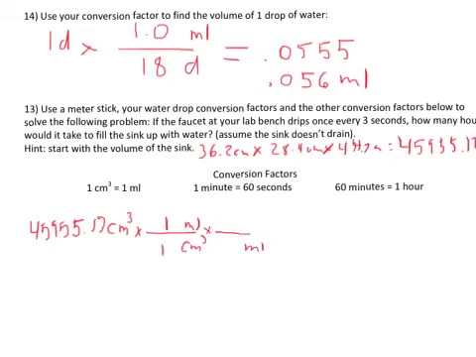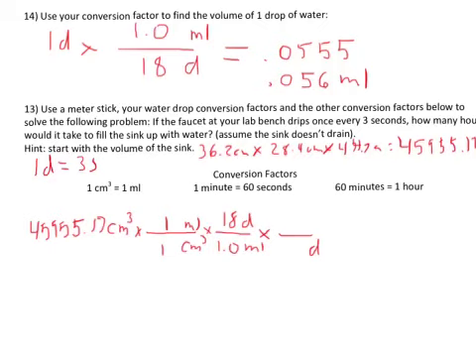Now I have my conversion factor from up above, where I can say 1.0 milliliters equals 18 drops. Now I don't want drops, so I'm going to put drops in the basement. And here I'm going to look at what I was told in this problem. It says it drips once every 3 seconds. So essentially that's saying that 1 drop equals 3 seconds of time.